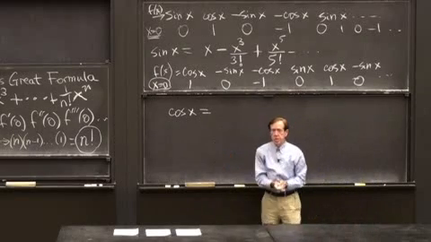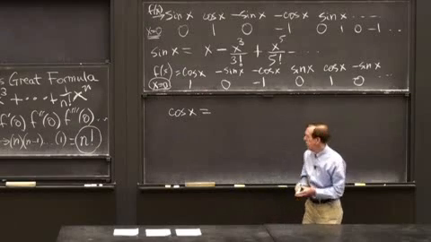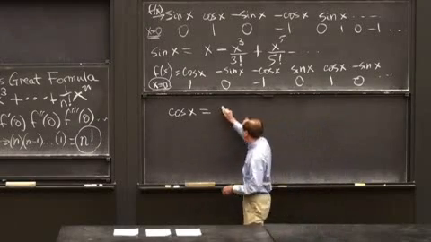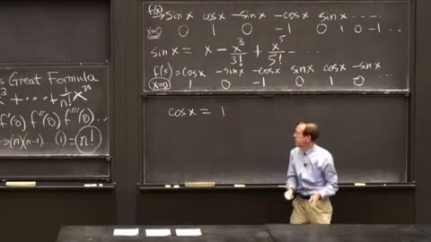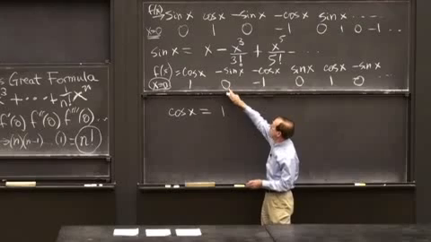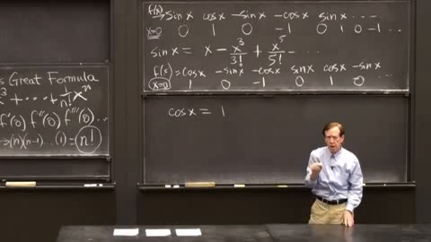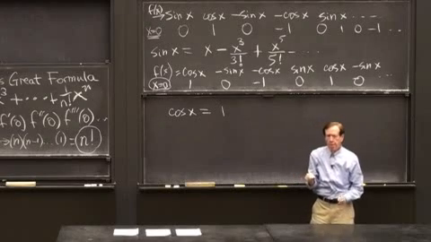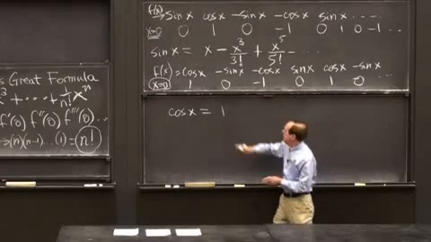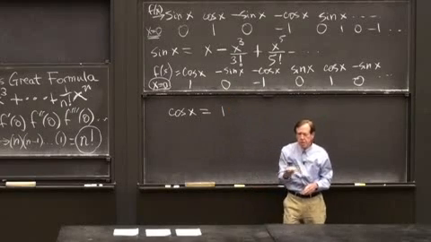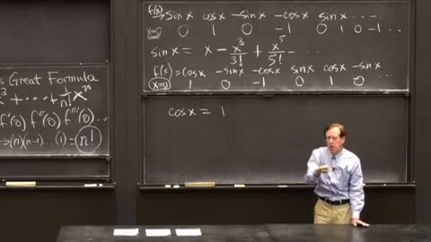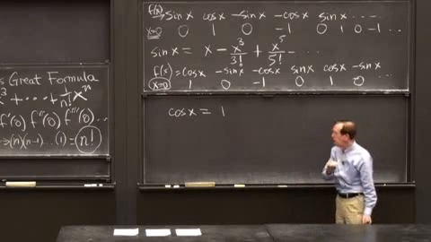So how does this series start? At x equals 0, the cosine of 0 is 1. It starts with a 1. That's the constant term sitting there. The coefficient of x, the linear term, is 0, because the cosine has 0 slope at the start.